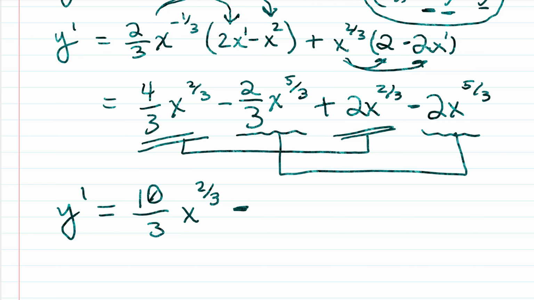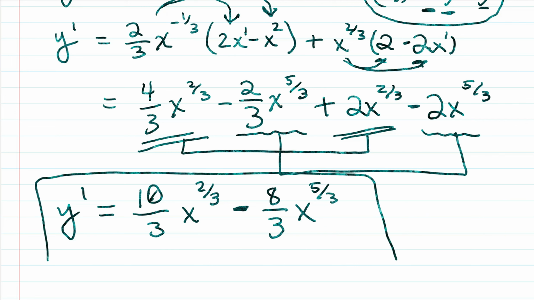So a negative 2/3 and a negative 6/3 is a negative 8/3. And then we rewrite the variable with the same exponent. All right, so now we have y prime equaling 10/3 x to the 2/3 power minus 8/3 x to the 5/3 power. So we've obtained the derivative using the product rule.